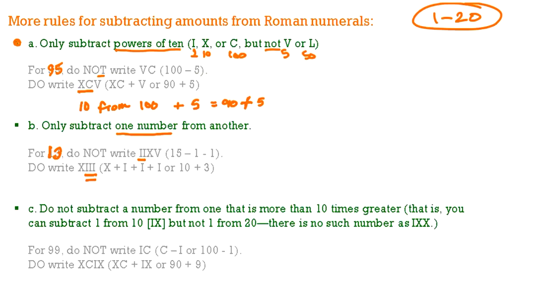Do not subtract a number from one that is more than 10 times greater. In other words, this is a base 10 system. This counting system is based on powers of 10.